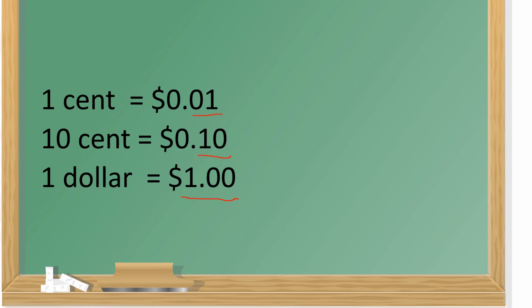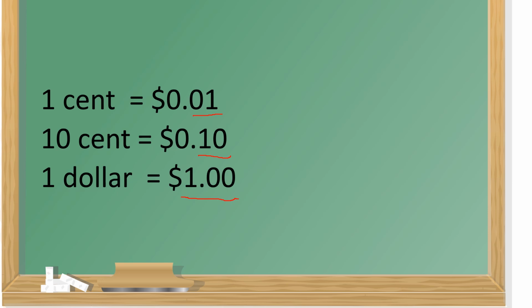In 1 cent, 1 is represented as the second digit after the decimal. In 10 cents, it is the first digit after decimal, and in $1, it is just the whole number and there is no digit after decimal.